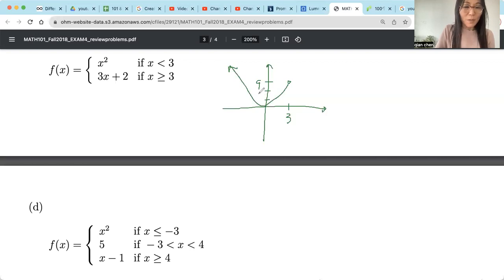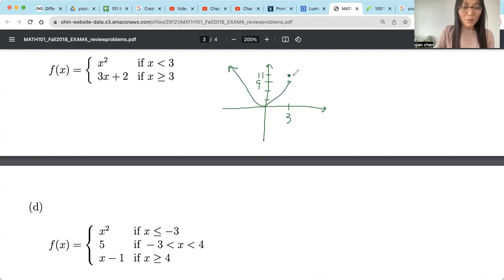When x is greater than or equal to 3, we have 3x plus 2. So if x is 3, 3 times 3, 9, 9 plus 2, 11. 11, let's see somewhere here. Start with 11, with a solid dot, right? Because 3 is in the domain of the second interval. Then I need one more point.